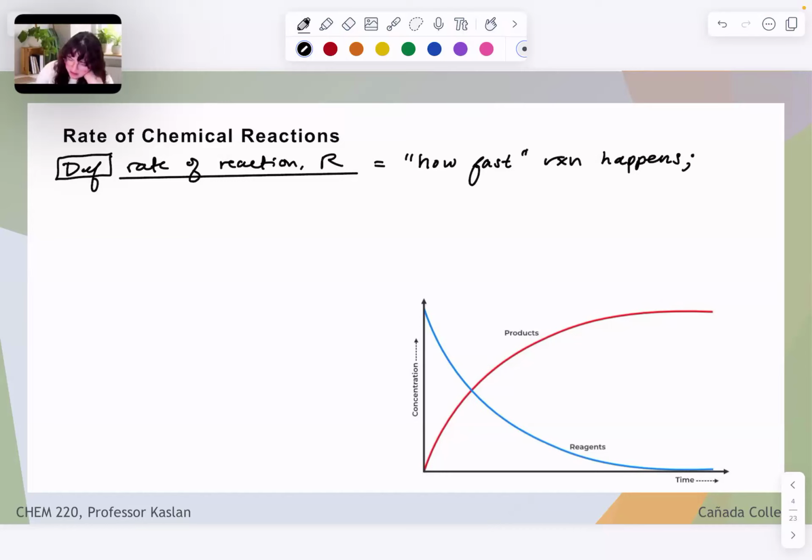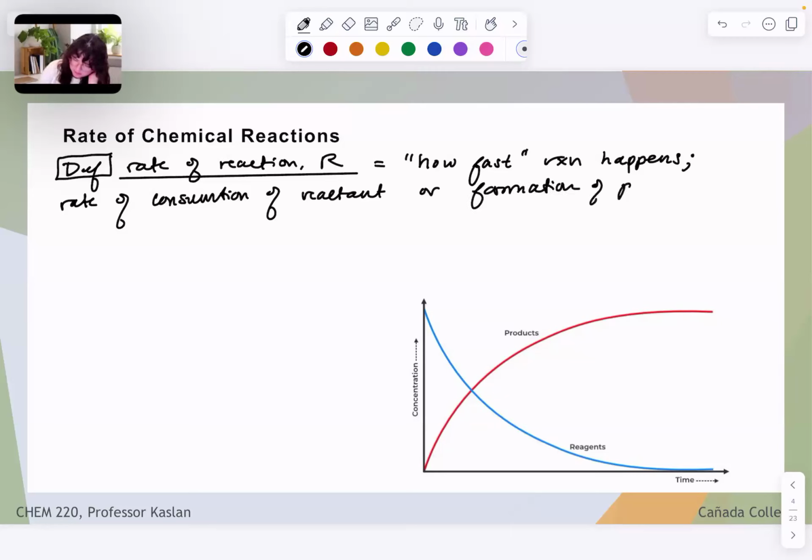And you can think about a rate of reaction in a couple of different ways. It is the rate of consumption of reactant or formation of product over some time t during the reaction.